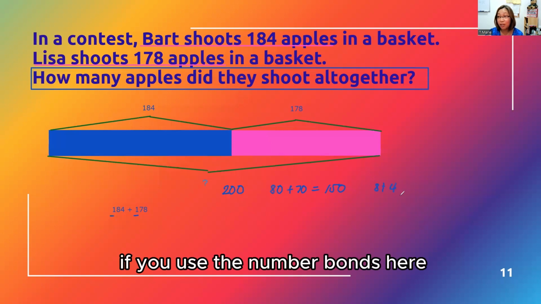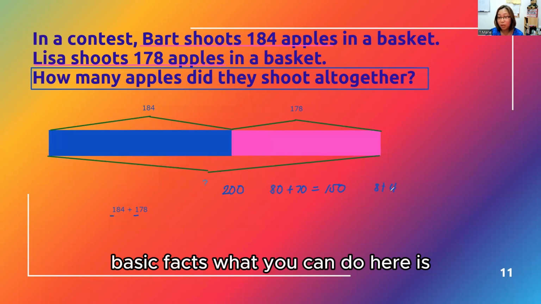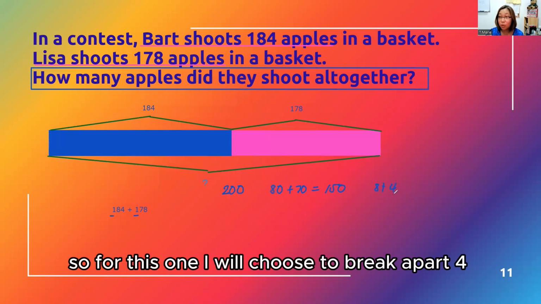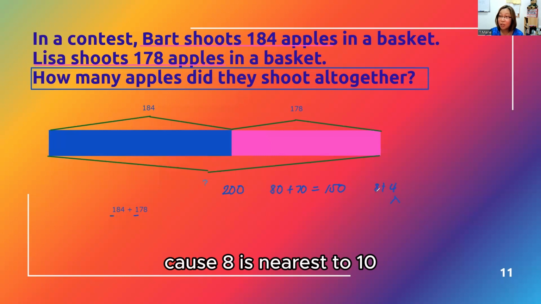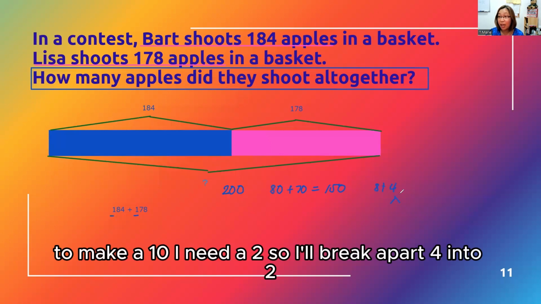If you use the number bonds here and you're not yet used to your basic facts, what you can do is break apart a number, all right? So for this one, I will choose to break apart 4 because 8 is nearest to 10. Anything that's 10 is easy to count. So here, to make a 10, I need a 2.